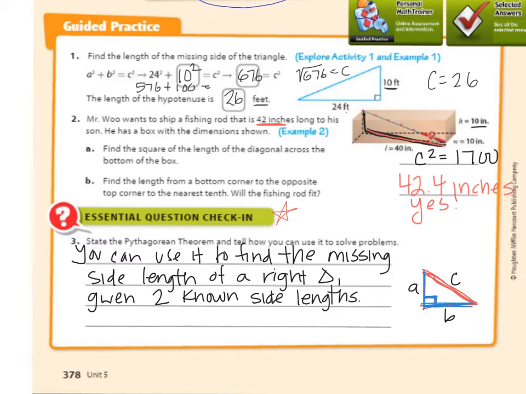So if you know two side lengths, you can find the third. And that Pythagorean theorem is a squared plus b squared equals c squared, where a and b are legs and c is the hypotenuse.